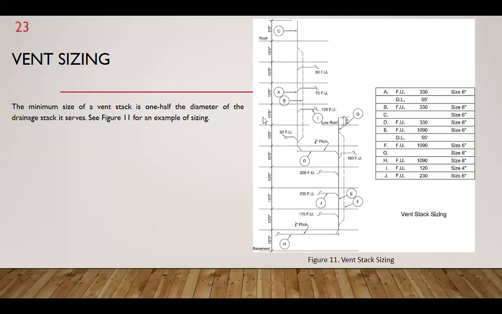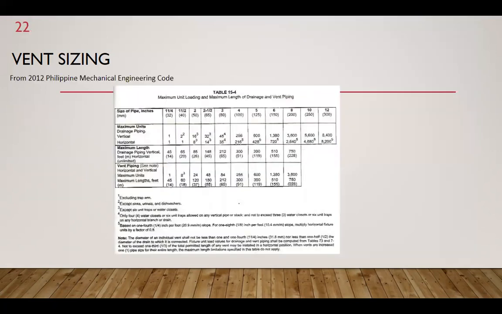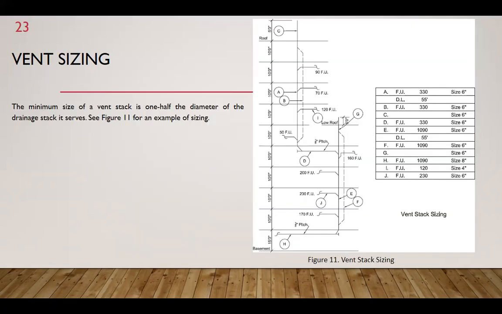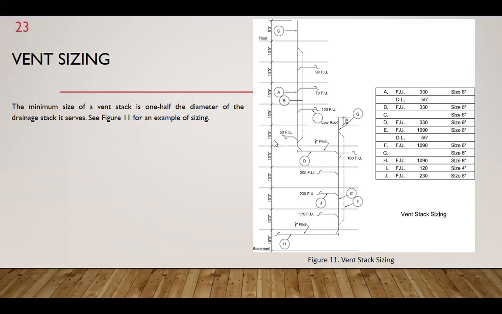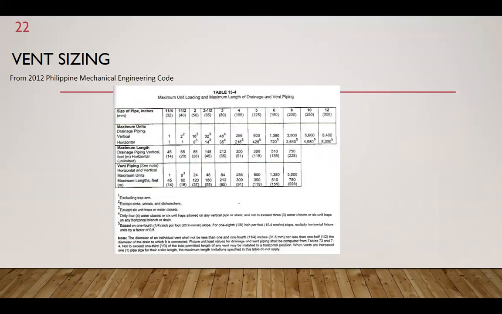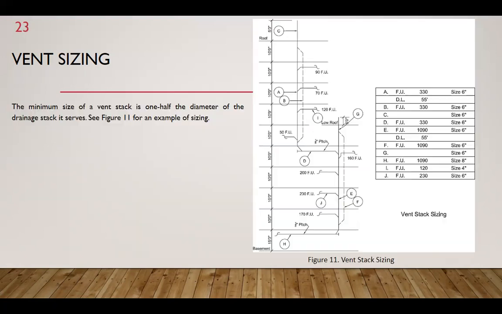Hanapin mo develop length is 550. 1,090. So, 0.8 ng 1,360 na.